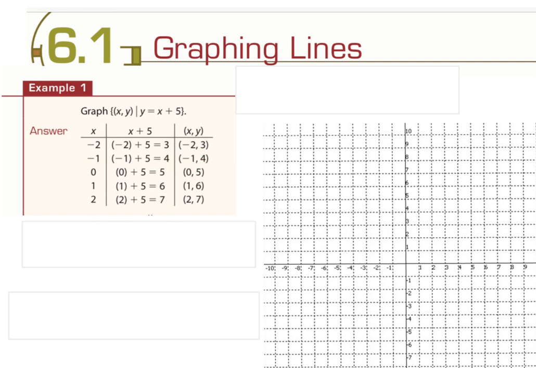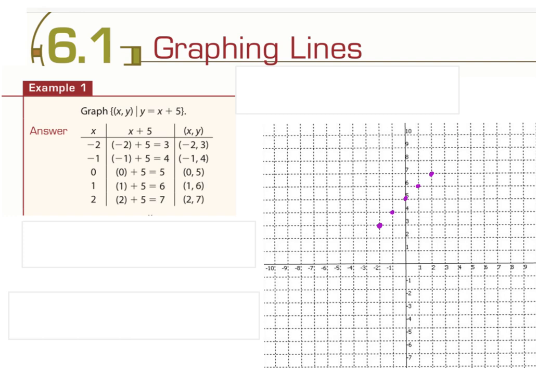And if you were to graph these points, so if I go to (-2, 3), and (-1, 4), (0, 5), (1, 6), (2, 7), hopefully you will notice that we are forming a line, okay?